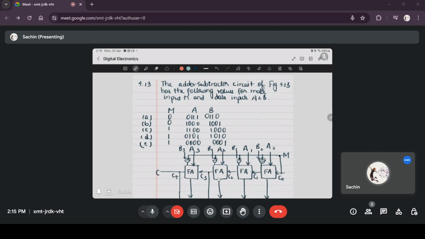What I mean is, if you have 1000, 1's complement is 0111, plus 1 is the 2's complement, which is 1000. So this number is actually -8.